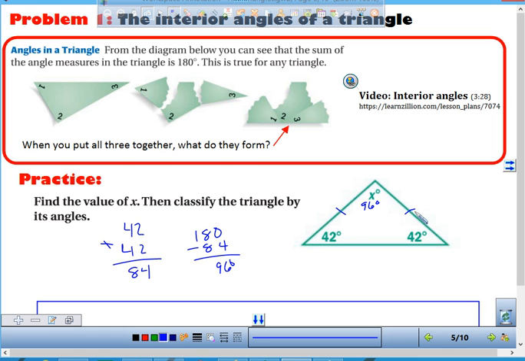It has one angle that's bigger than 90 degrees. Okay, so when it has one angle bigger than 90 degrees, it's obtuse. Named by its angles. So you have to know the three names for angles. You have to know the three names for sides. Okay. Questions on that one?